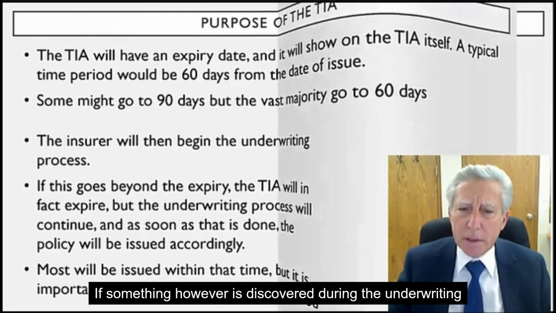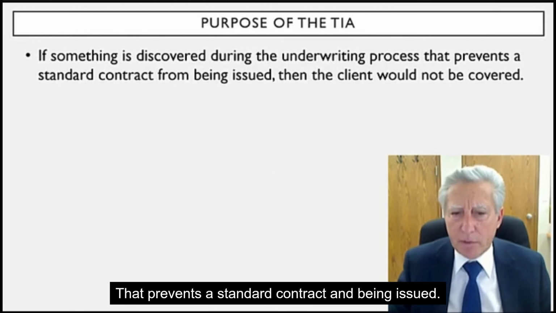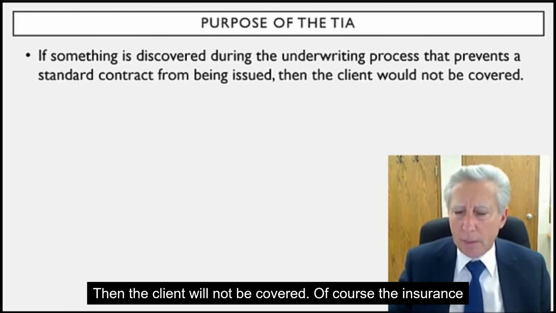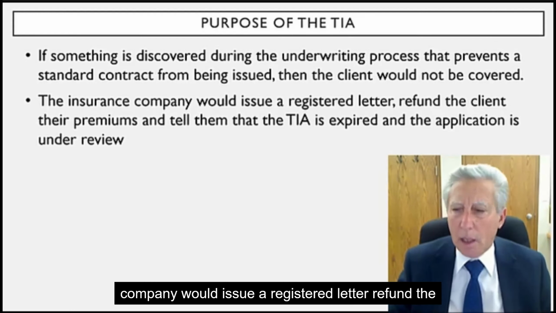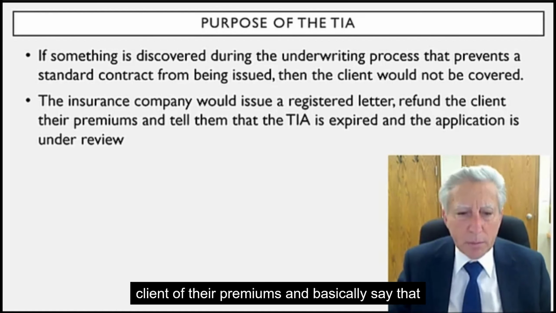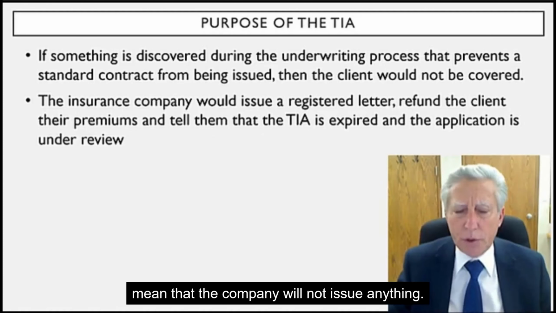If something, however, is discovered during the underwriting process that prevents a standard contract from being issued, then the client will not be covered, of course. The insurance company would issue a registered letter, refund the client their premiums, and basically say that the TIA has expired. That doesn't mean that the company will not issue anything.